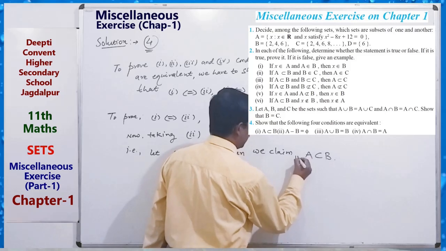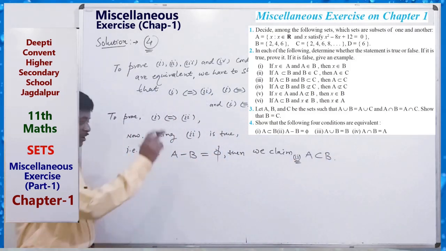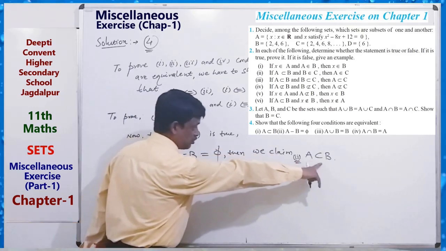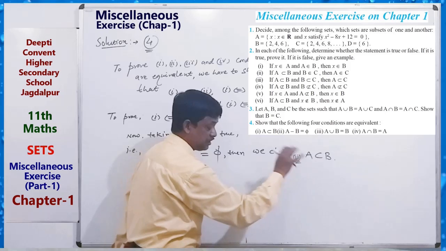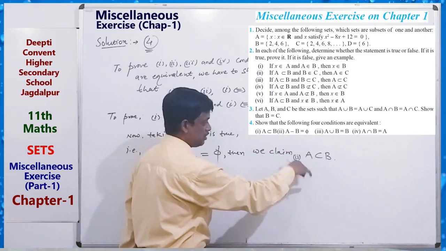So here we are supposing this. We have to show that this. For this, taking an element of A and show that that element also belongs to B.